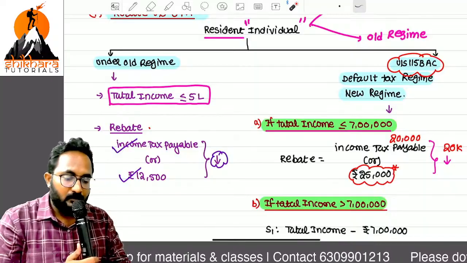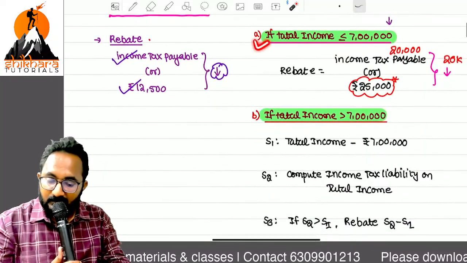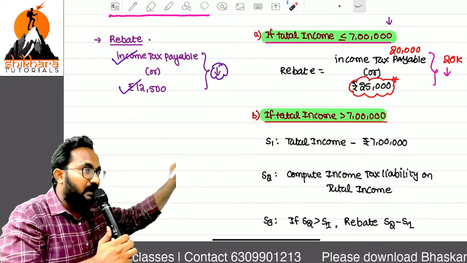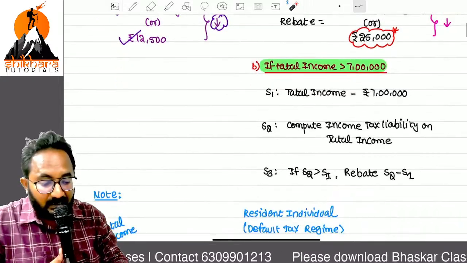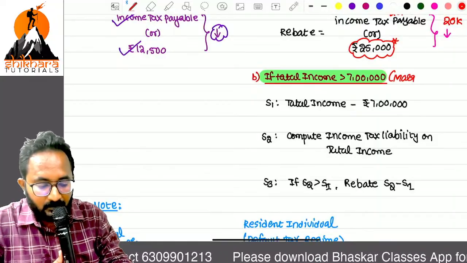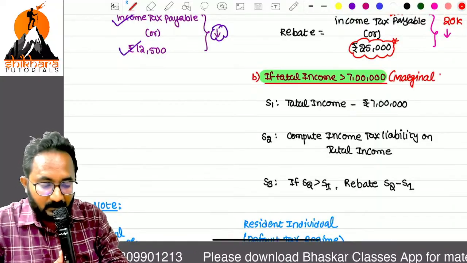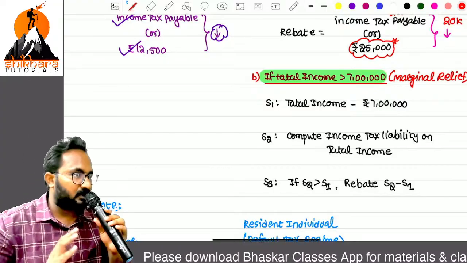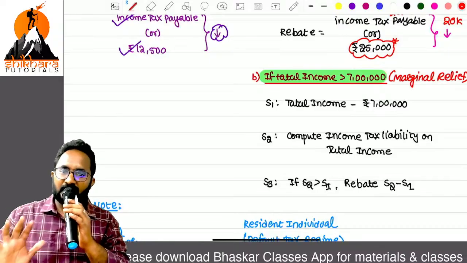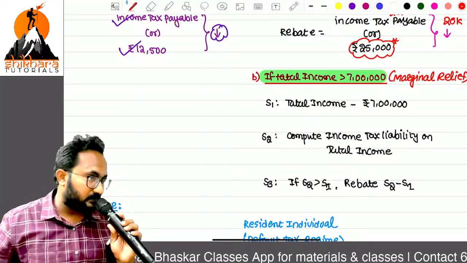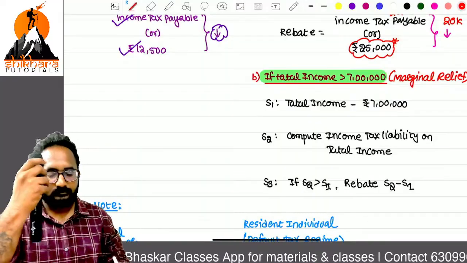But in the new regime, even if total income exceeds 7 lakh you can get rebate, provided using the marginal relief concept. I will prove why they give the rebate even if your total income is more than 7 lakhs. Clear?